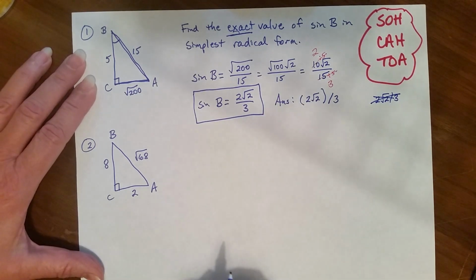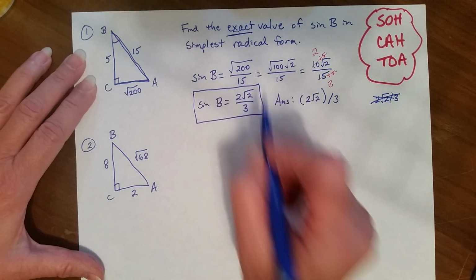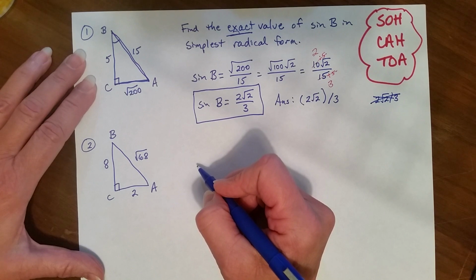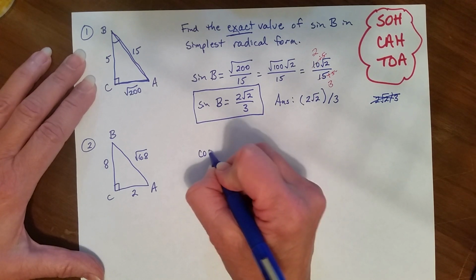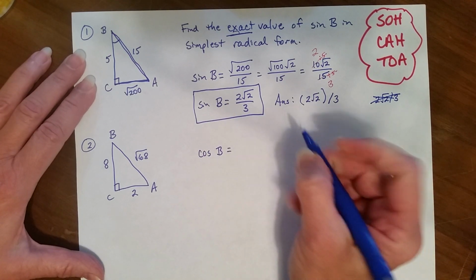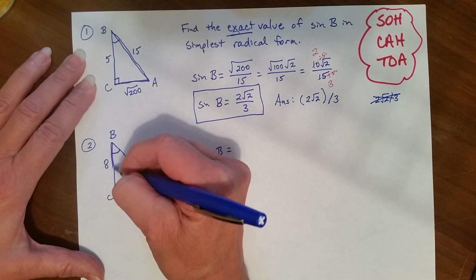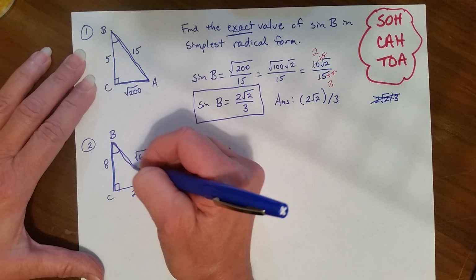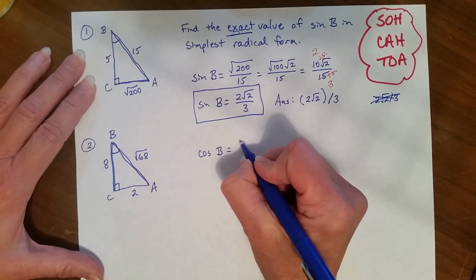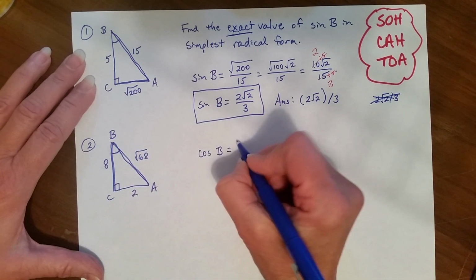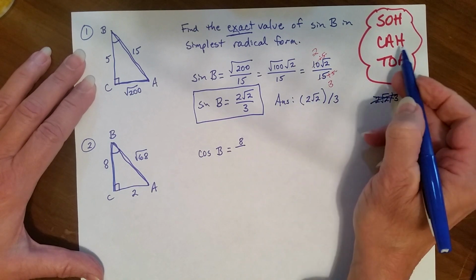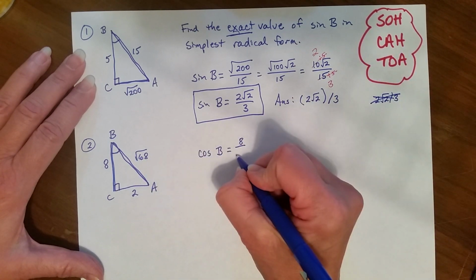For this one, we're looking for the cosine of B. Here's angle B. The cosine of B is the adjacent over the hypotenuse. So adjacent is 8 over the hypotenuse, root 68.